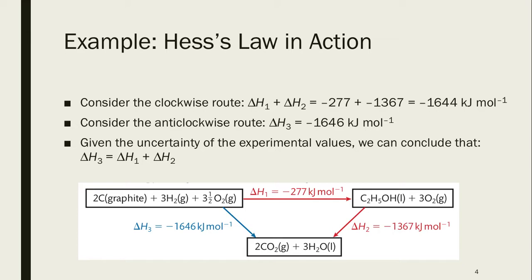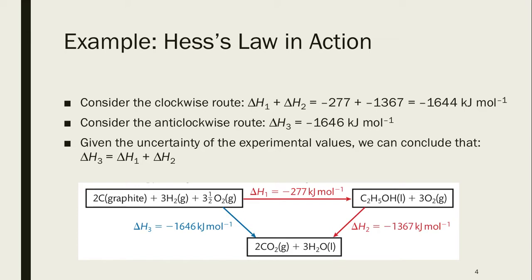Here we have an example of a reaction where we can take three elements, carbon, hydrogen, and oxygen, and combine them to create two products in one reaction, and then do a second reaction to get our final products.